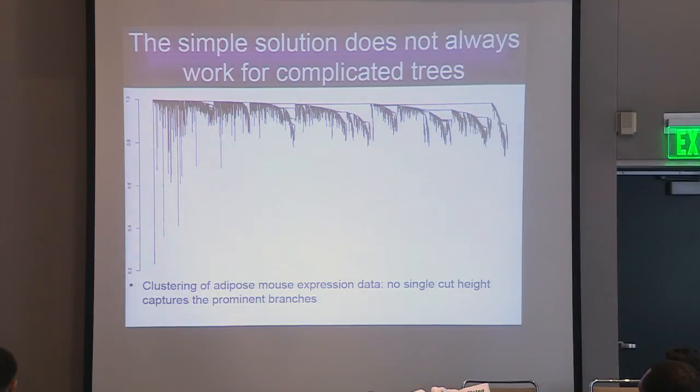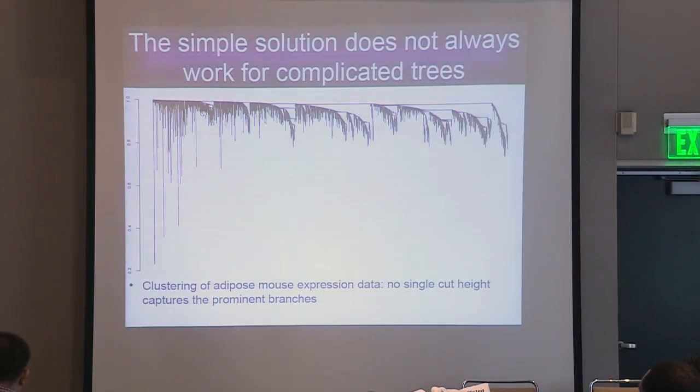If you think that this branch and this branch are fairly separate and should be called different modules, but then you also see a branch up here and up here, and you think that these two branches should also be identified, then I invite you to try, but you will find that there is not really any constant height that can separate, for example, let's say these two branches, and also keep this branch mostly intact.